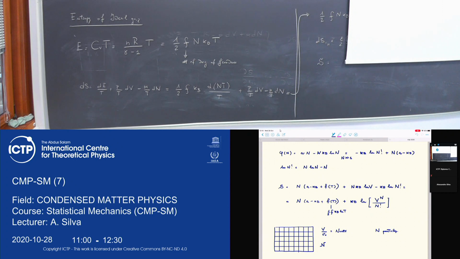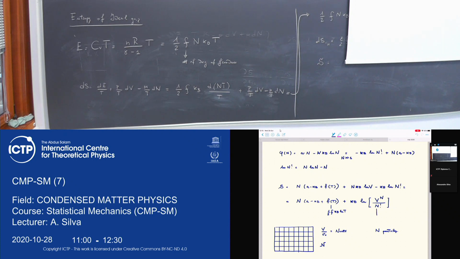And then I don't count permutations, and one cell can hold only one particle. So what is the probability to end up in a cell? 1 over n cells. Anyway, look, let's make it simple.